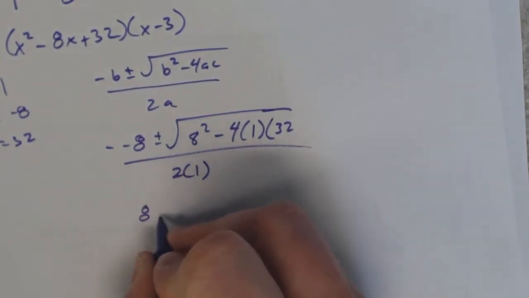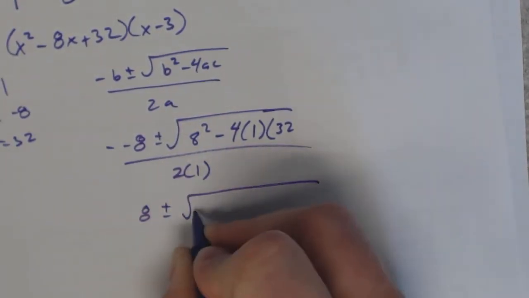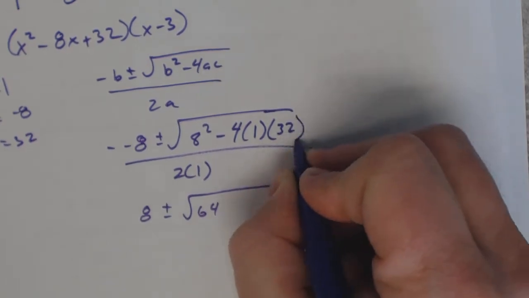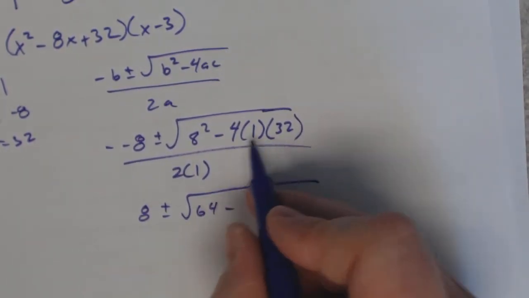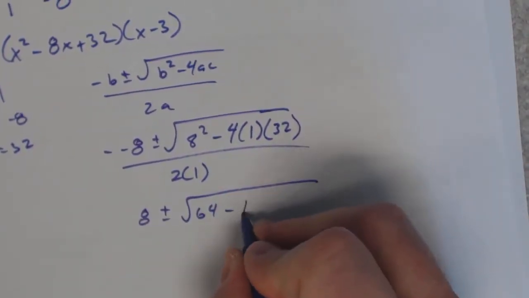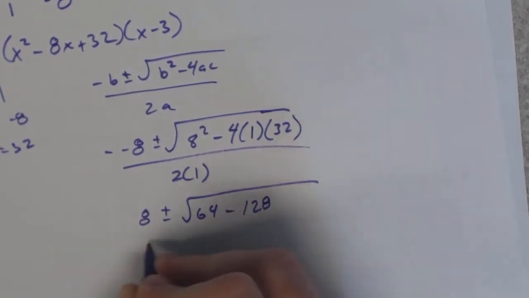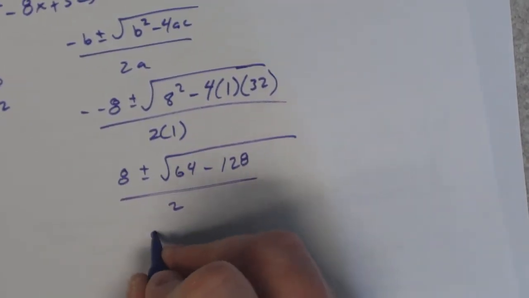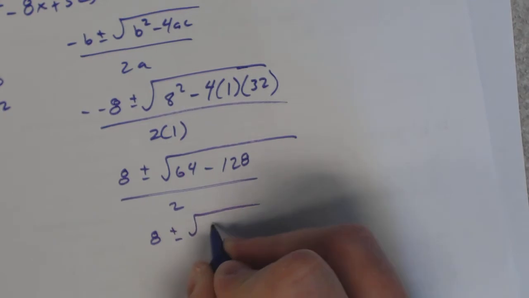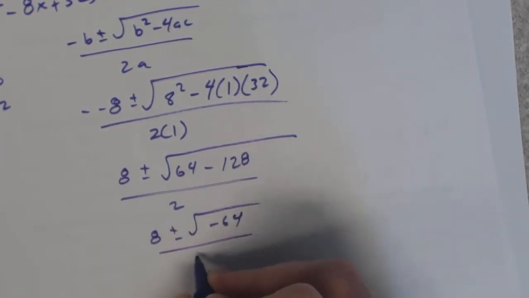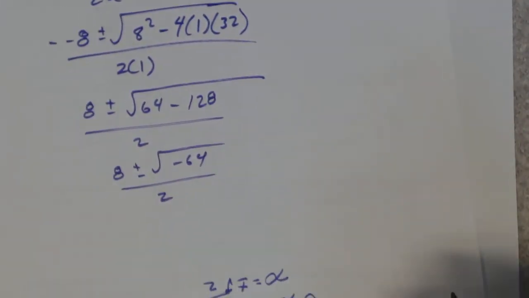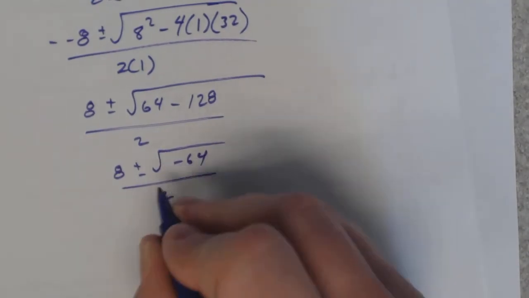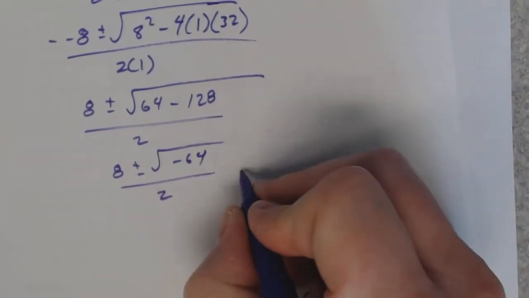So that's going to be 8 plus or minus the square root of 64 minus 4 times 32, which is 128, all over 2. So 8 plus or minus the square root of negative 64, over 2. Well, the square root of a negative makes it an i, and the square root of 64 is 8.